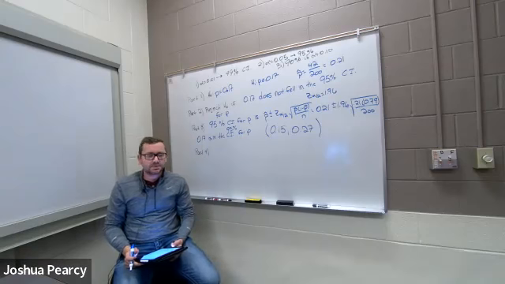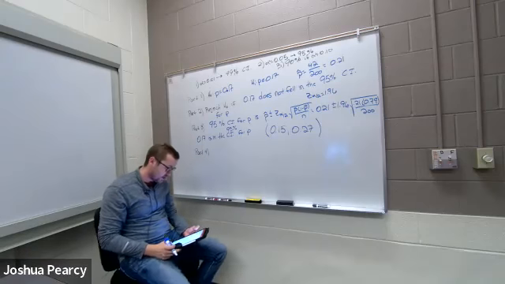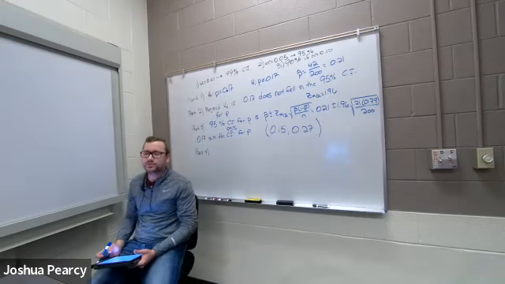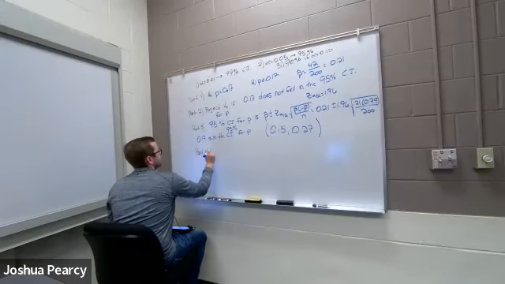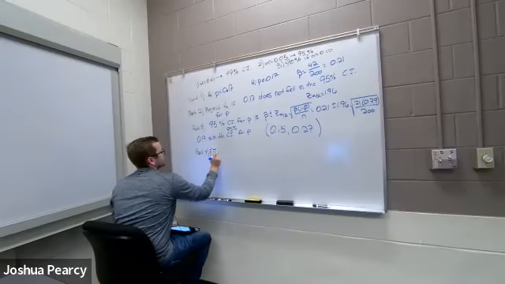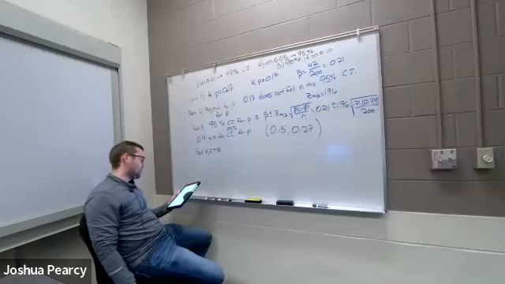Then, since 0.17 is inside that interval, what is your decision on part 4? Yeah, so fail to reject the null hypothesis.